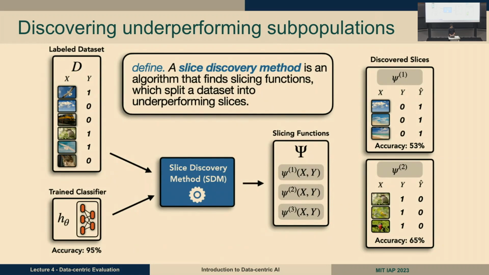So here is an example of this. This method is called Domino, but it's just a specific instantiation of the idea I talked about, where you have your image classification data set, say, on the top left, and you have some images in a forest, some images with a blue sky.